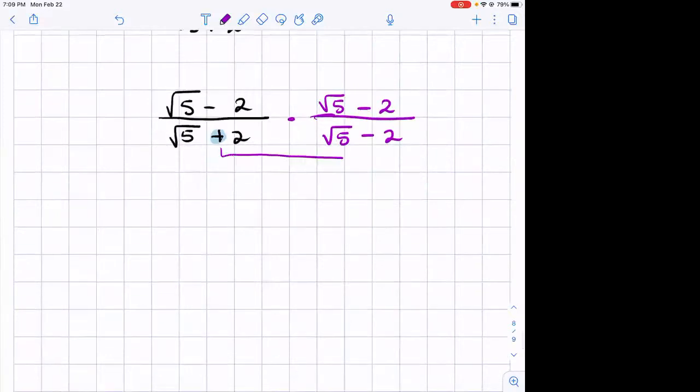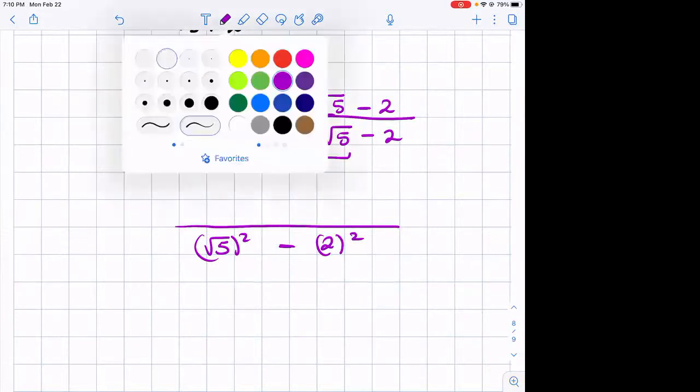Now this is difference of squares. So if you multiply the bottom, we will get root 5 squared minus 2 squared. Yeah? And multiplying out the top, if you FOIL the top out, we have to multiply the top.